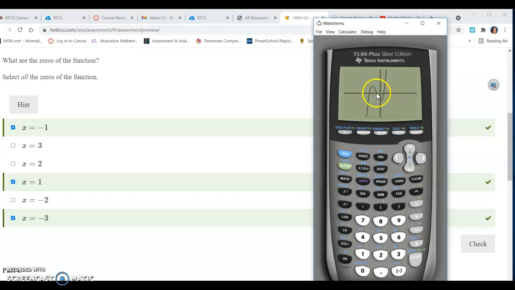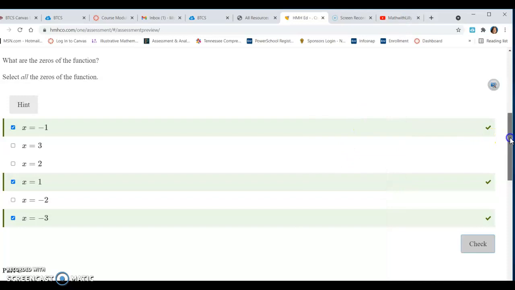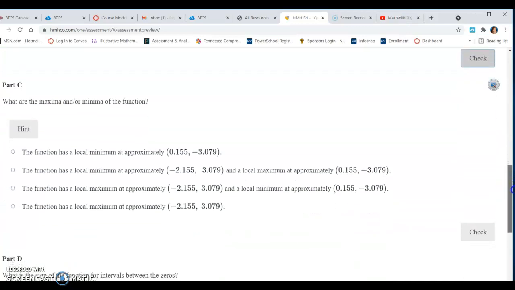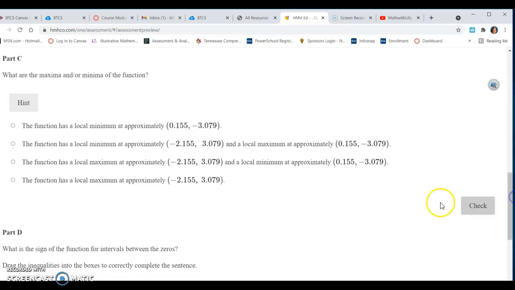A cubic function has 3 zeros, but if this hump falls below that line, it would have 2 imaginary zeros, which we learned about in the last unit. It would still have 1 real solution. But in this case, it crosses 3 times, so it does have 3 solutions. Most cubic functions will have 3; some will have 1 solution.